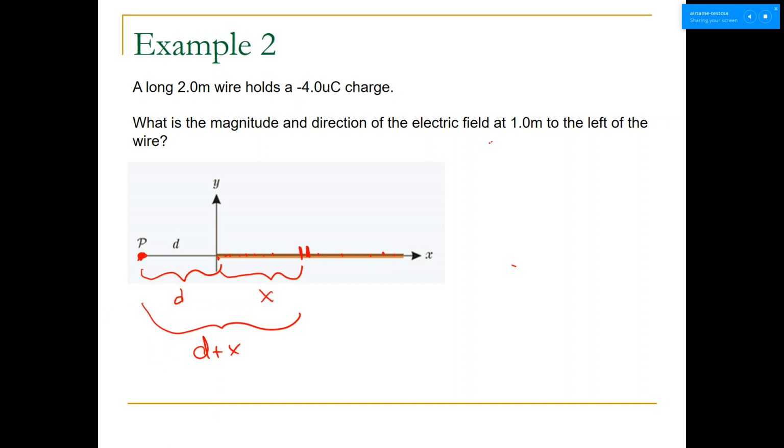So we know that E is equal to KQ over R squared, and here we're already given the charge of the whole wire, so we have Q. If I want to get all of them, I have to multiply my little dE of KQ over R squared by all the little pieces throughout this wire.